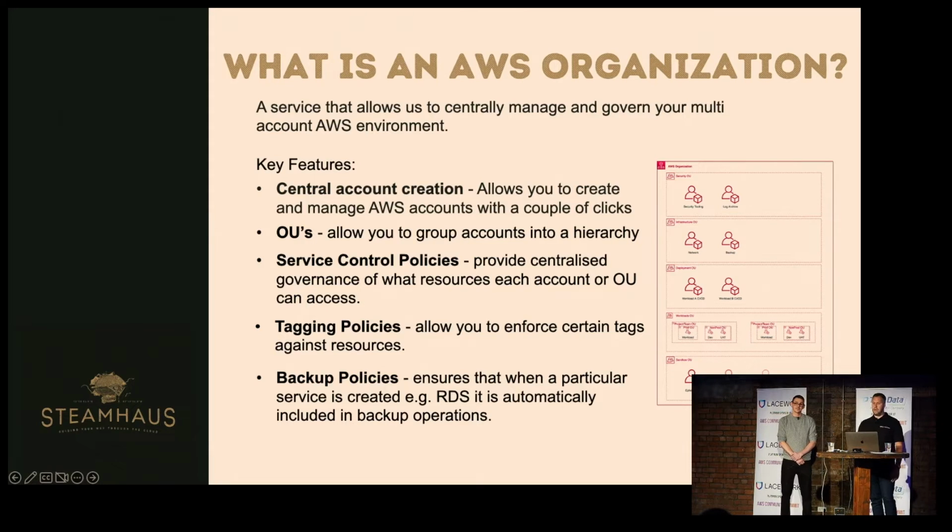So for example, you might create a default backup policy at the root of your organization, which backs up all the DynamoDB tables across your organization. And what we're then able to do is define more granular backup policies at an OU or account level, which might override the frequency that we're backing those resources up, depending on your business requirements.